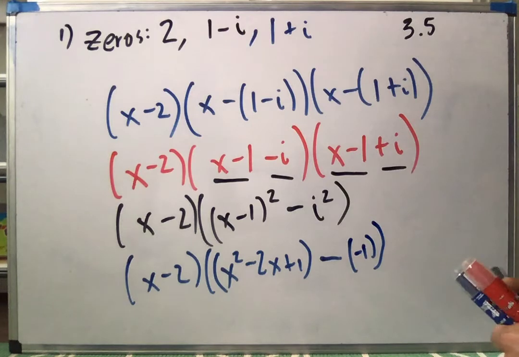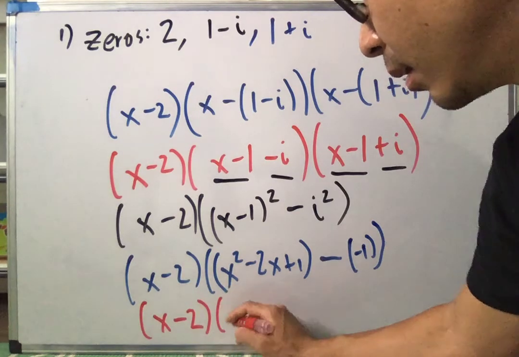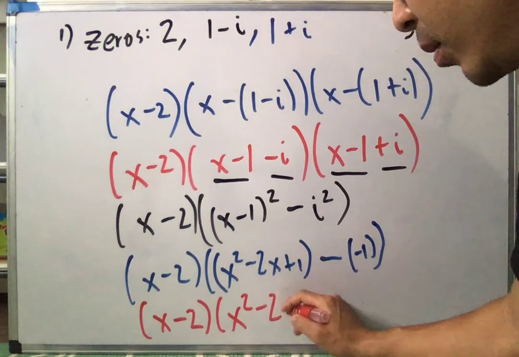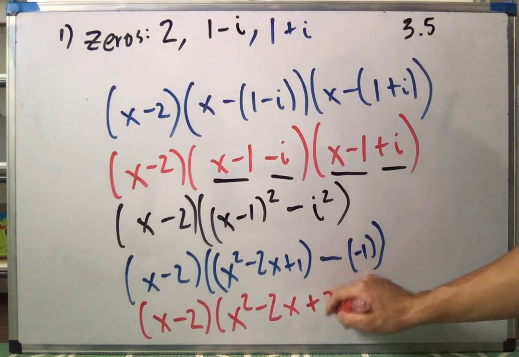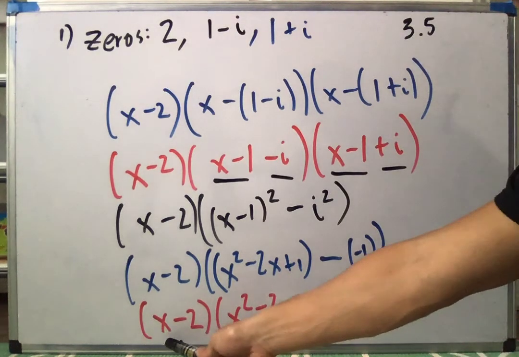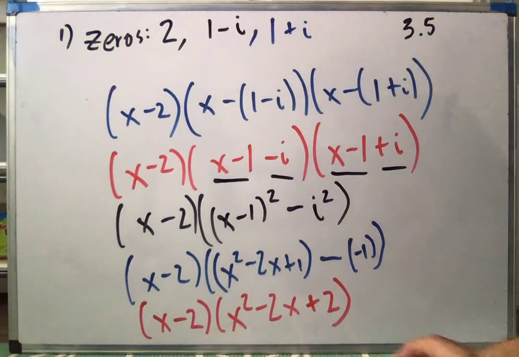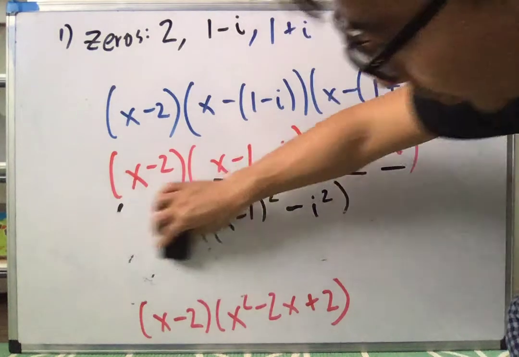It's going to come out like this: x minus 2 stays the same, and this is x squared minus 2x plus 1 plus another 1 is plus 2. Okay, I said the last part, but really there's one more stage because I can now multiply this x minus 2 by this resulting polynomial, x squared minus 2x plus 2. So I'm going to write that at the top and do the rest there.